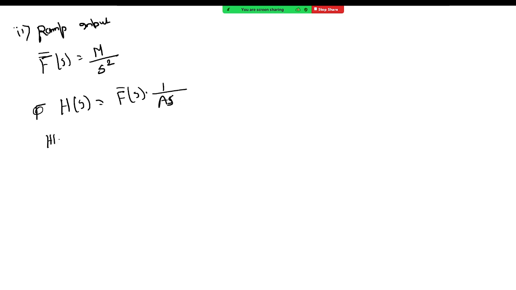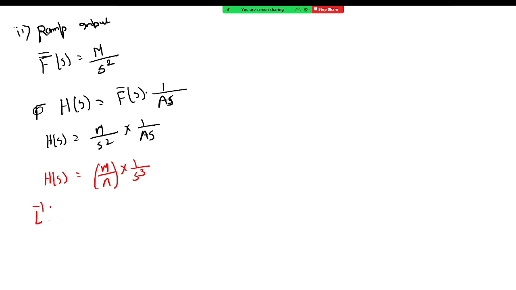So you will get H(s) equals M divided by s square multiplied with 1 upon As. I am doing the same thing for the purely capacitive process, right? So you can write H(s) equals M divided by A, 1 upon s cube. Now I'll take the Laplace inverse of H(s) to understand the dynamics of the system.